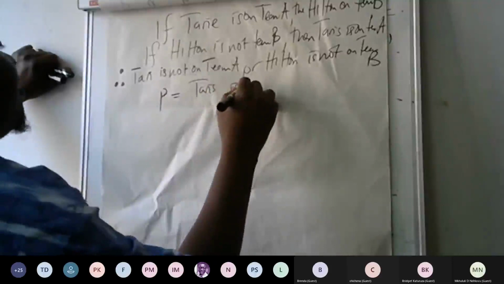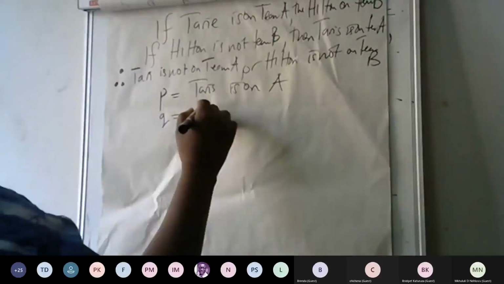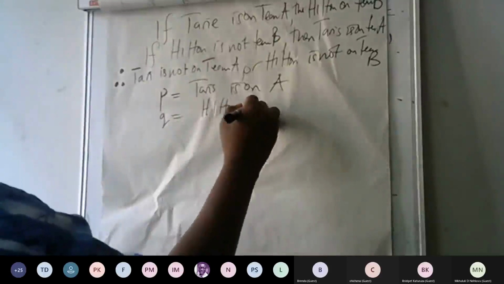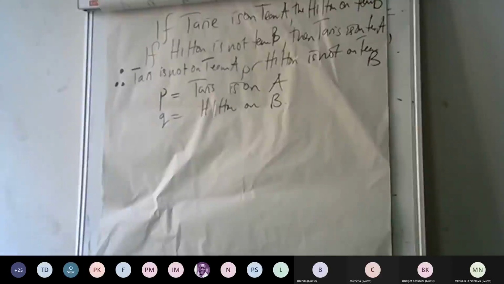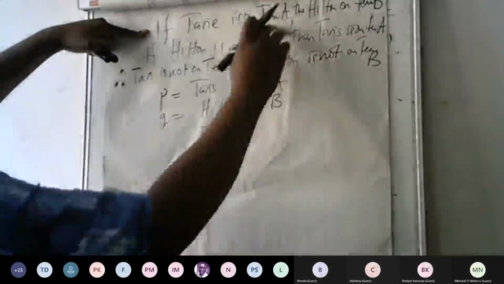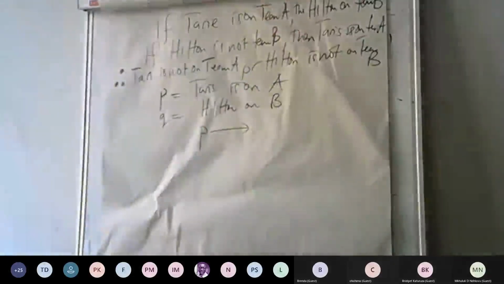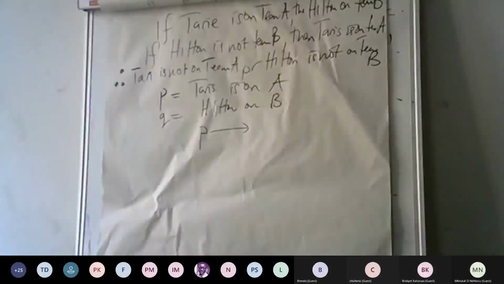Then I'm also going to let Q stand for Newton being on team B. What it means is not P means that Tari is not on team A, and not Q means Newton is not on team B. So I can start with the first statement. If Tari is on team A, that's P, then Newton is on team B.